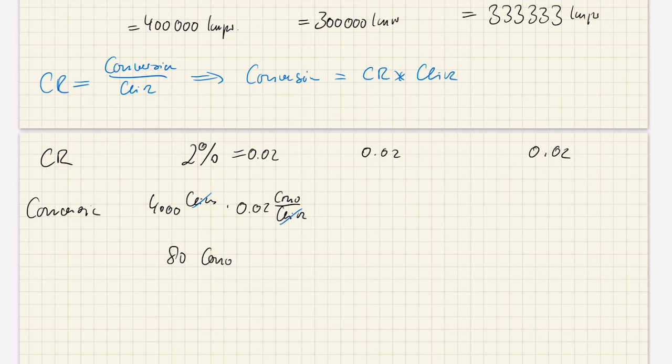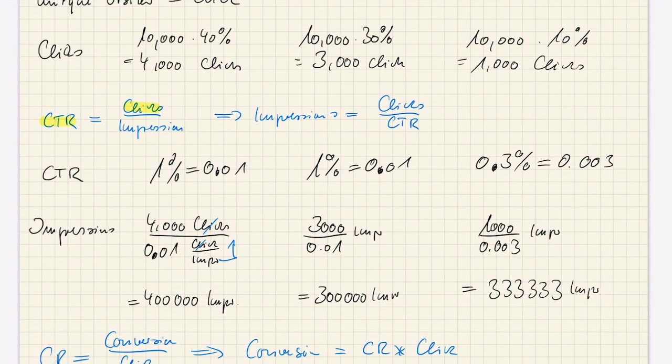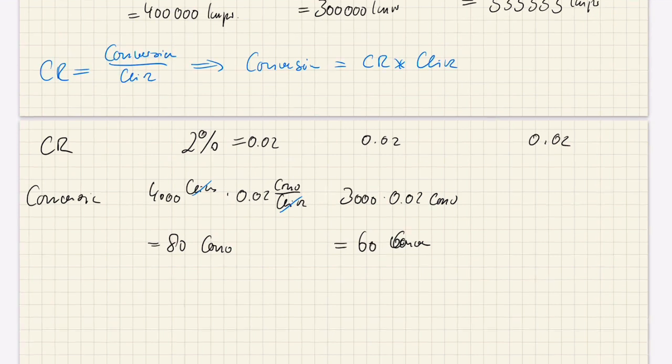Quite similarly, we do have 3,000 times 0.02 conversions equals to 60 conversions in here. And finally, we do have 1,000 clicks times 0.02 conversion, which equals to 20 conversions in total.